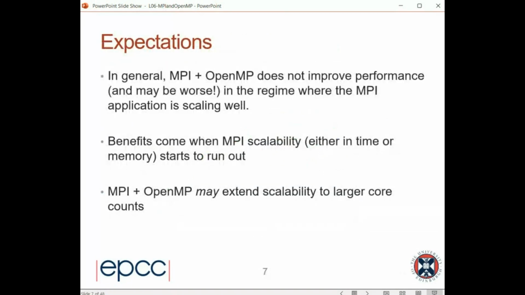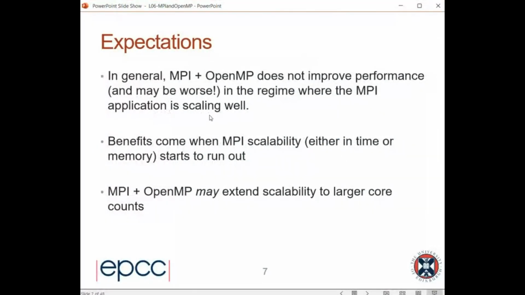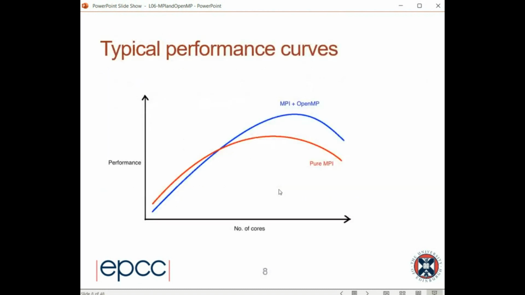So expectations: in general, MPI plus OpenMP does not improve the performance. It may be worse in the regime where the MPI application is scaling well. However, the benefits come when the MPI scalability runs out, and scalability comes in terms of either time or memory. MPI plus OpenMP may extend the scalability to larger core counts. So what you expect to see is your pure MPI program will scale like this.